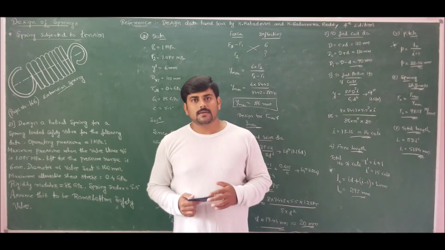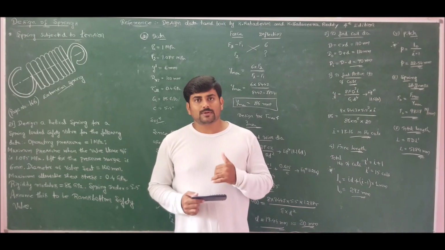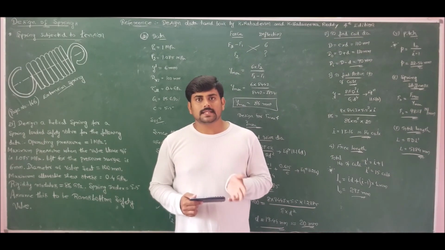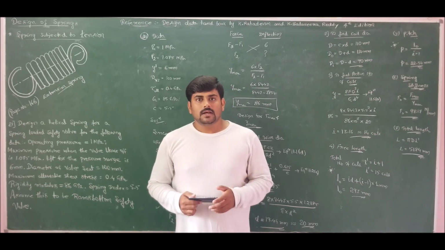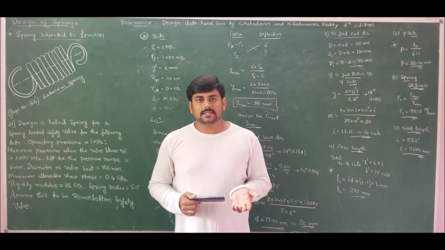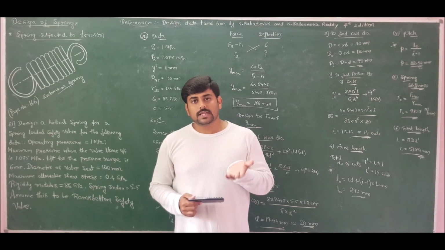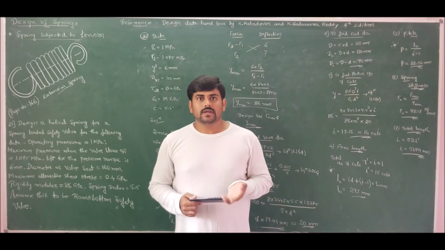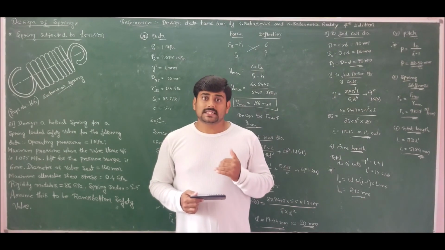Later we discussed design of concentric or composite springs, that is springs connected in series and parallel, and then leaf springs and design of semi-elliptical leaf springs which are predominantly used in automobiles, and then design of disc springs and springs subjected to torsion loading.